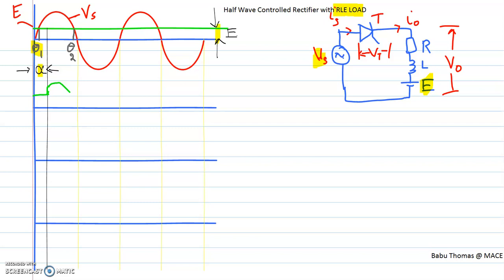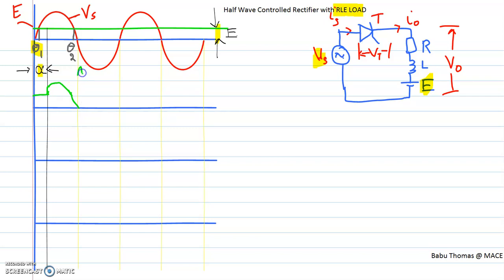If the thyristor current is below the holding current, then the thyristor goes to the off state, and that can happen at any angle greater than θ2. So the waveform of your output voltage will go like this, and it reaches the angle pi.